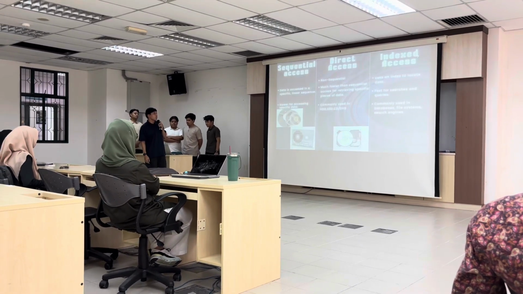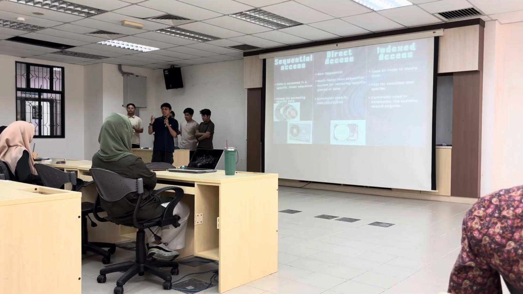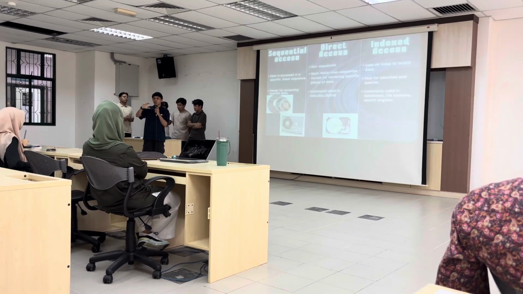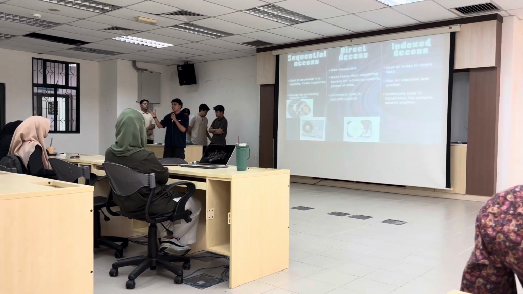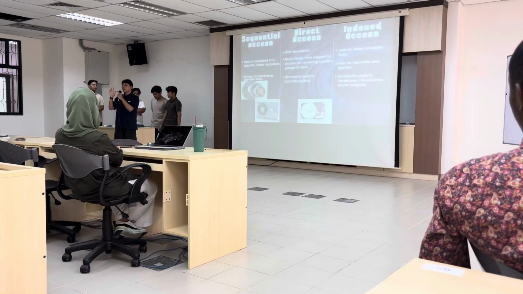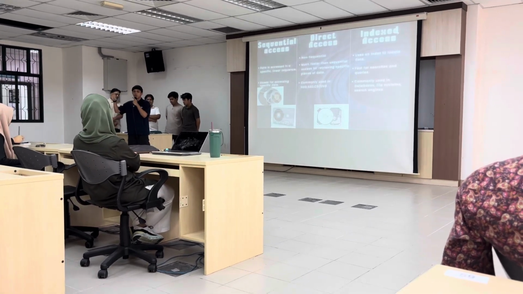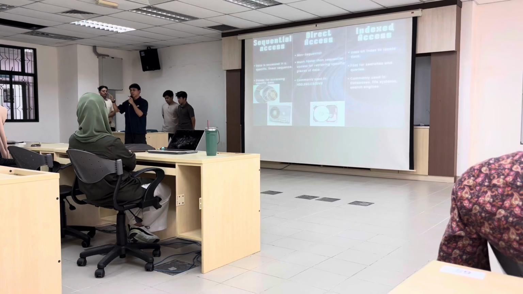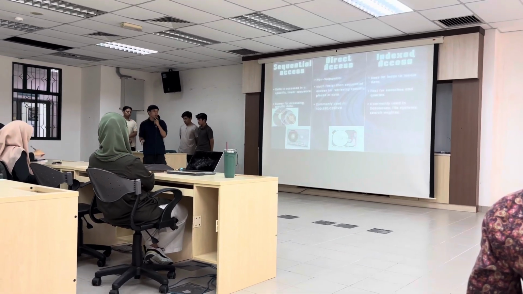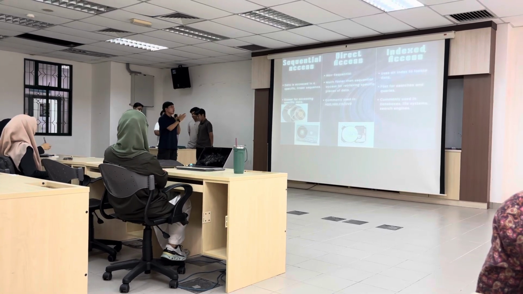The last one is index access. It is like you have a book, and in the book you have a table of contents. For example, we have a dictionary and we want to find the letter M. You refer to the table of contents and find the page, then you can go to the page. When you go to the page, the system uses direct access.